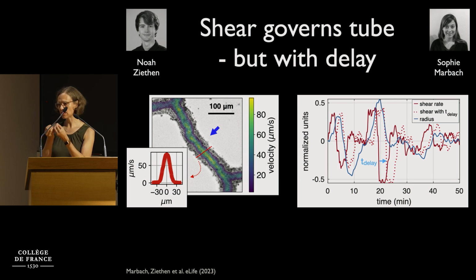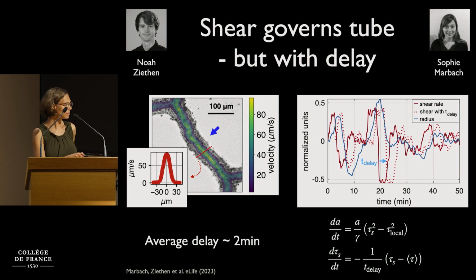And it turns out that this time delay of 2 minutes is actually important. So we can cast these dynamics in equations to describe the tube diameter A as a function of time, adapting the shear stress that's sensed at the tube wall to a reference shear stress, and this sensed shear stress is a function of the actual shear due to the fluid flow with a time delay.